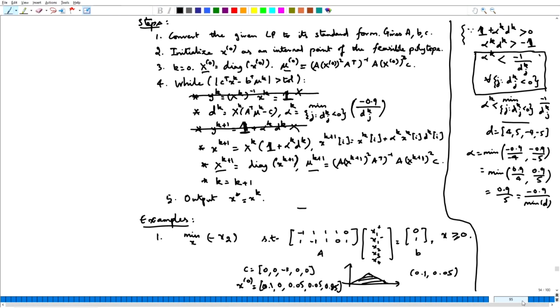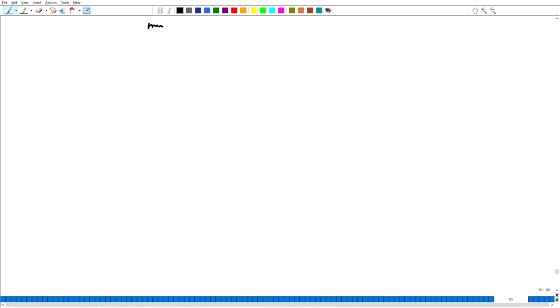Let us say we minimize c transpose x subject to the conditions x1 plus x2 less than or equal to 1, 2x1 plus 4x2 less than or equal to 3, and x1, x2 greater than or equal to 0. It is good to draw this, because it is in 2 dimensions. Let us understand how this feasible set looks.